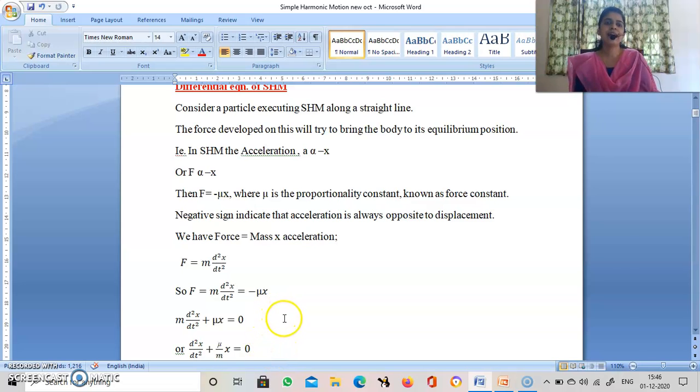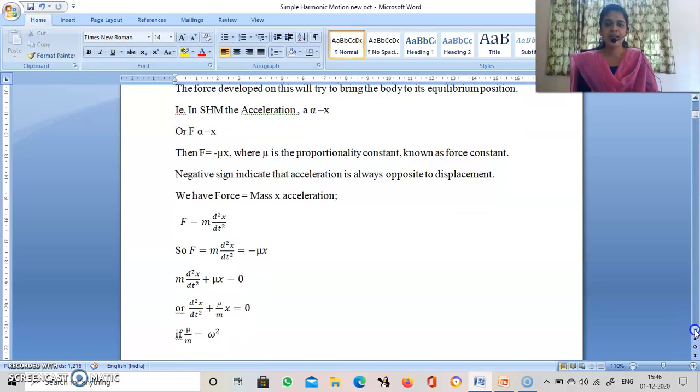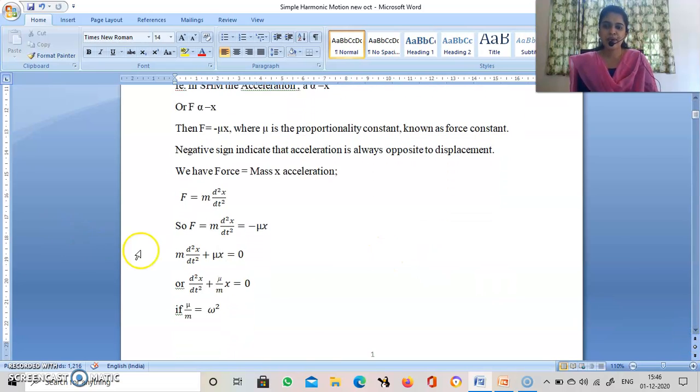On rearranging, we can write m d square x by dt square plus mu x equals 0. In the next step, we need to make the coefficient of d square x by dt square unity. For that, divide this equation throughout by m.